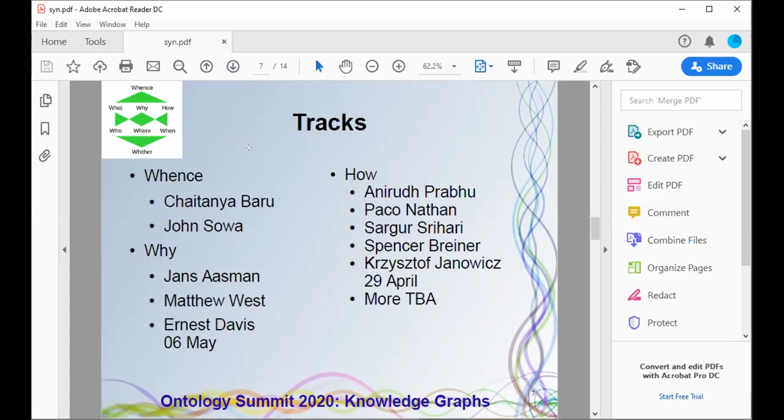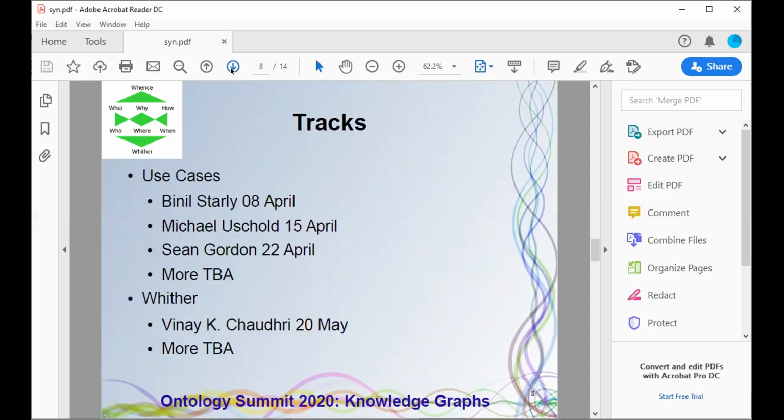Then we had some 4 sessions so far on how, Anirudh Paco, Hari Sir Hari, Spencer Briner, and upcoming is Christoph Janovich. And there will be 1 or 2 more, not yet scheduled.